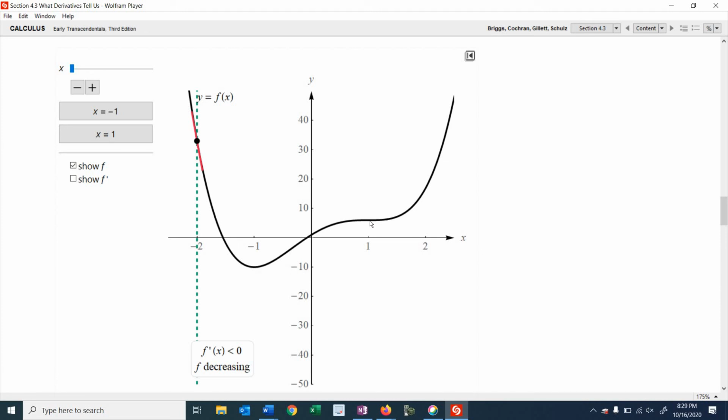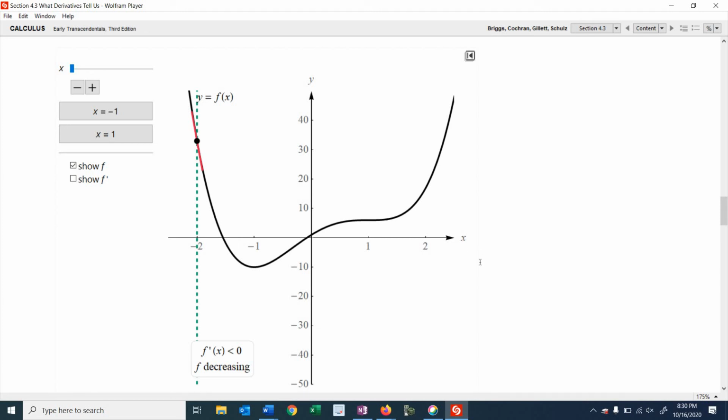But then at x equals 1, you have neither a local max nor a local minimum. And you can see that the first derivative test actually works. It was decreasing on this side and then increasing on this side, and that's how we knew we had a local minimum at -1. But at 1, that critical point, it was increasing on the left of it and then increasing on the right of it, and that indicates that it's neither.